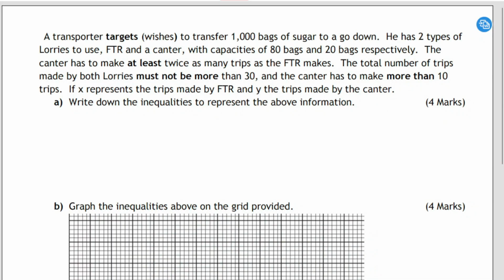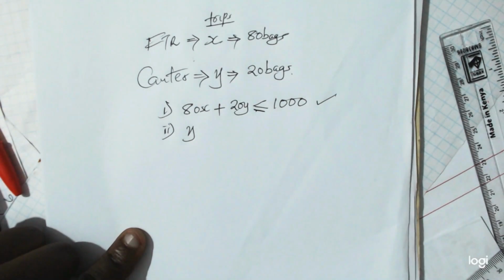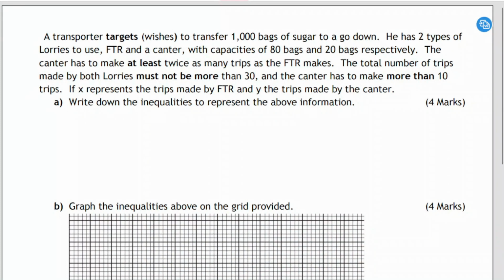The second one: the canter has to make at least twice as many trips as the FTR. Remember, the number of trips for the canter is Y, and the FTR makes X trips.